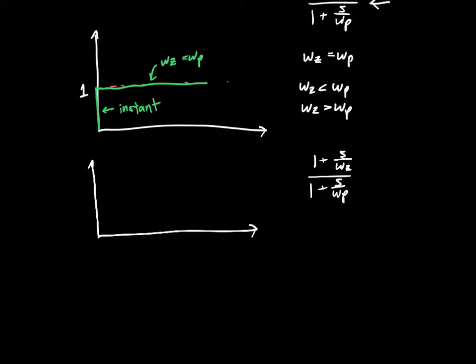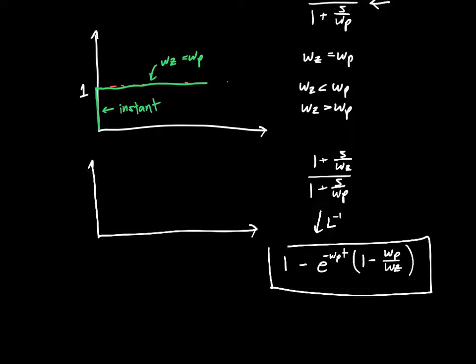Then the inverse Laplace transform of this is just 1, as we'd expect, minus e to the minus omega p t. This is interesting, first of all. The transient response, the exponentially decaying part, is determined only by the pole. And then 1 minus omega p divided by omega z. So this is the complete step transient response.